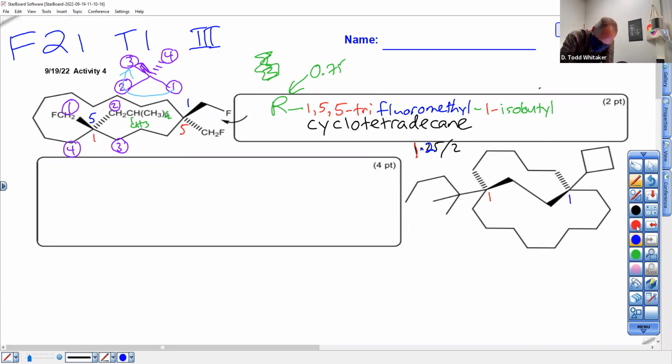Red 11 and blue 11. And I'll stick with my red scheme. 2 has to be here, 10 has to be here. Now, in the red numbering system, where would 12 have to be? The dash, because it is in a bigger ring.